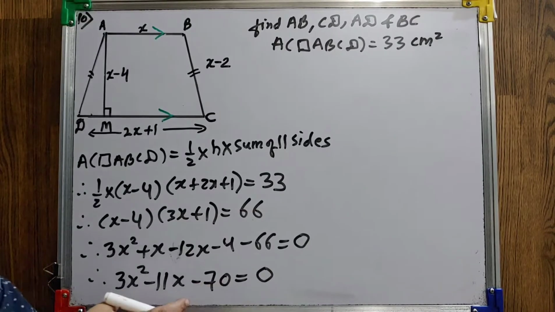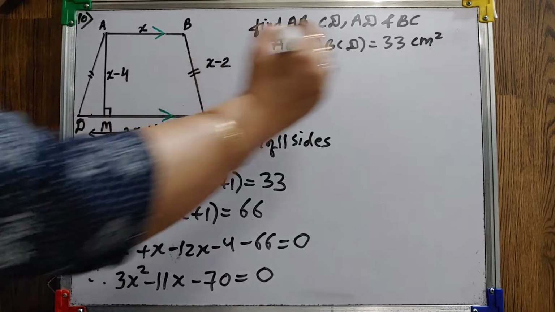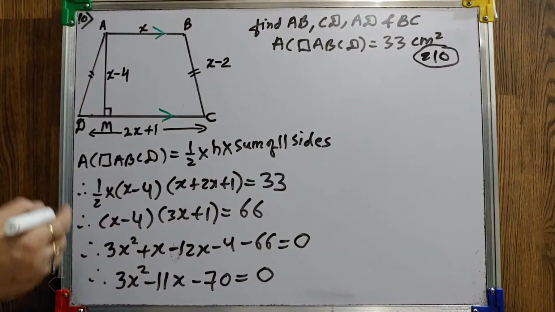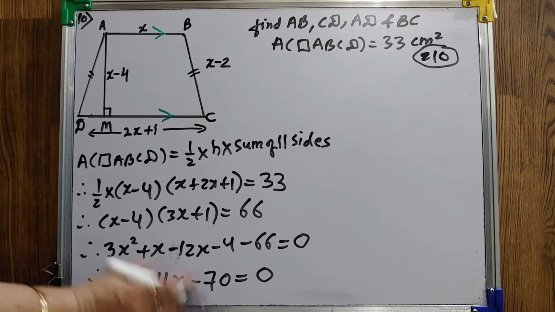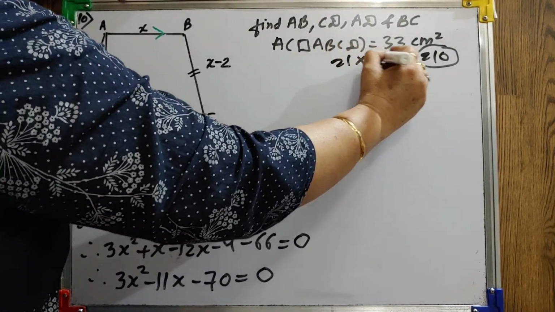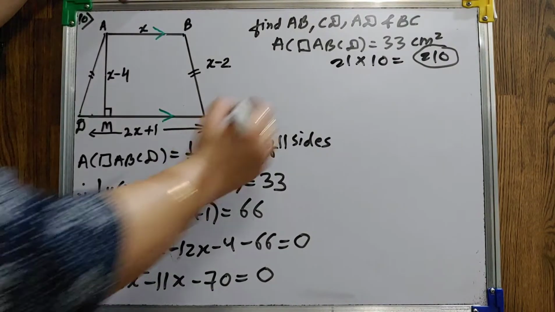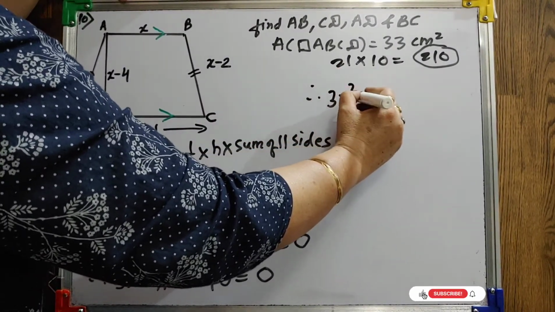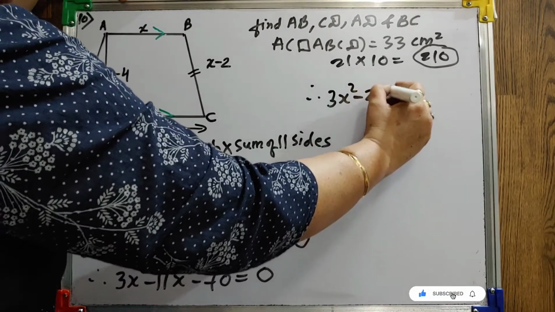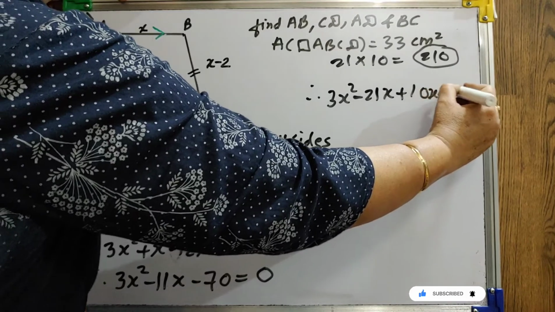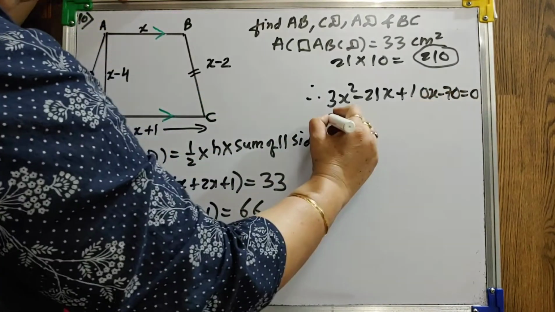Now, 3 70s are 210. You have to find the factors of 210 such that their difference is 11. So, 21 and 10 are the factors, their difference is 11. So 3x² − 21x + 10x − 70 = 0.